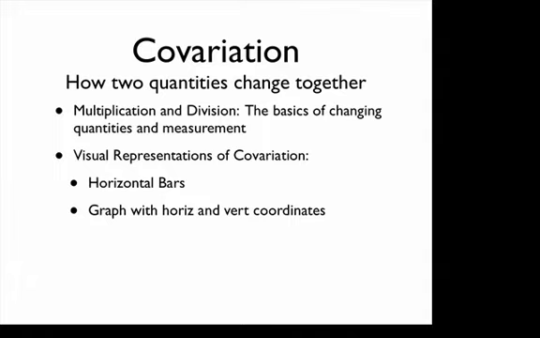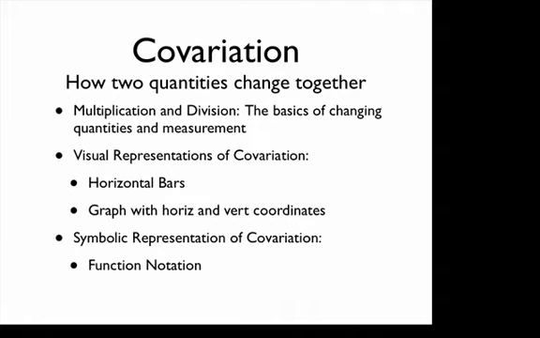And we kind of talked about what those really mean by relating them to the horizontal bars. Okay, so that's visual representation of covariation. But equally important is understanding symbolic representations of covariation, and that is function notation. That's what we'll do today.